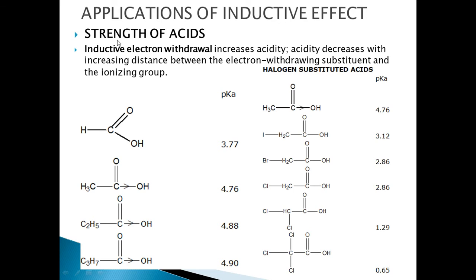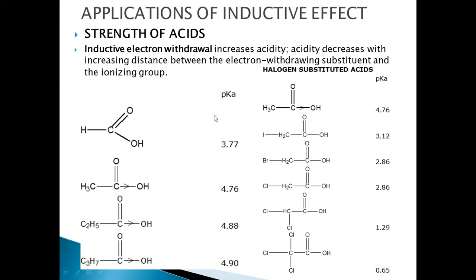Another application of inductive effect is the strength of acid. Inductive electron withdrawal increases acidity, and this can be illustrated with this list of acids. Here we have methanoic acid, ethanoic acid, propanoic acid, and butanoic acid. And the pKa of each of these acids is given.